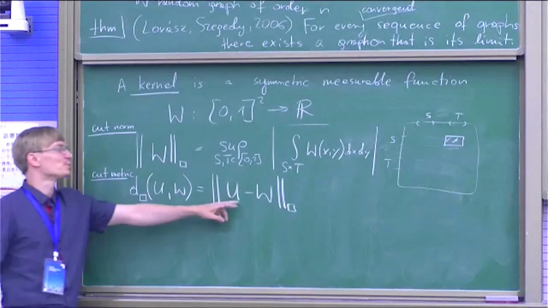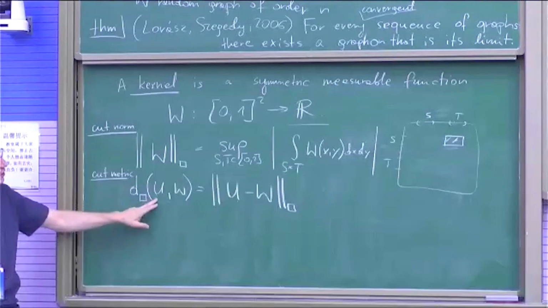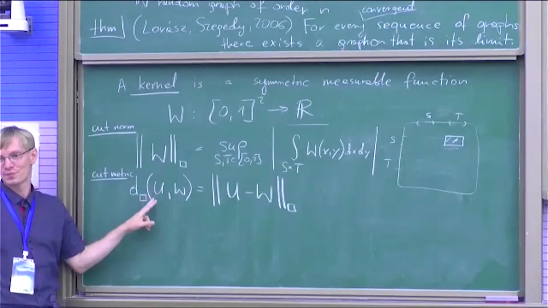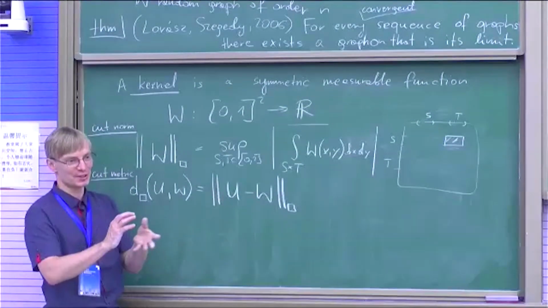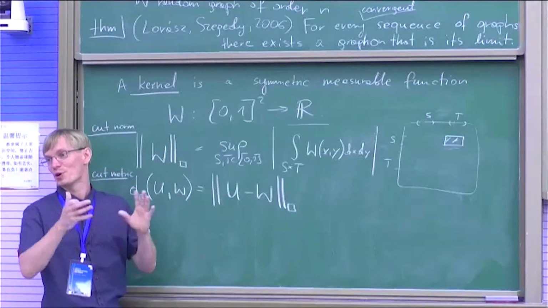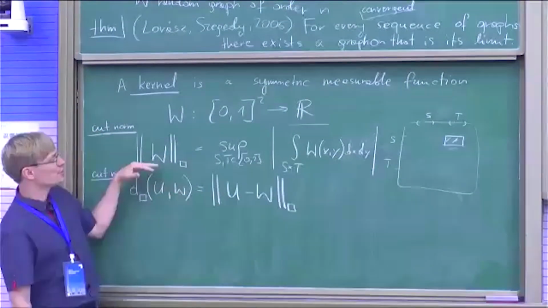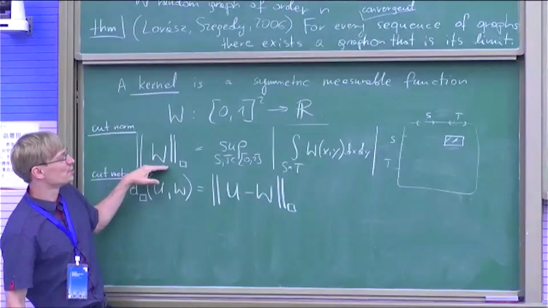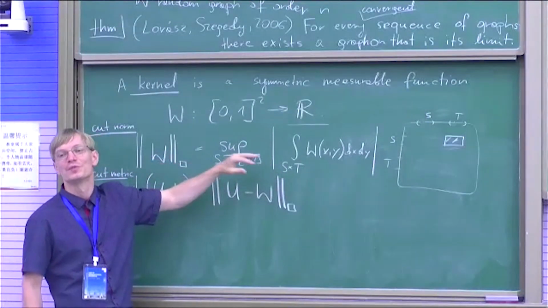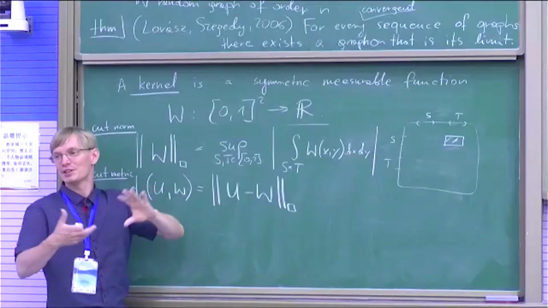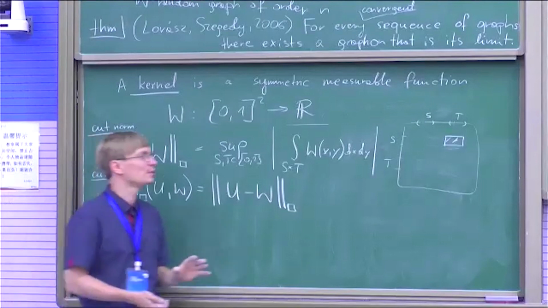This is the point where I needed to go from graphons to kernels. If I take two graphons, I look at their difference, which can now be minus one in some places. For the difference, I calculate the cut norm. If the cut norm is big, it means that they are far away from each other.